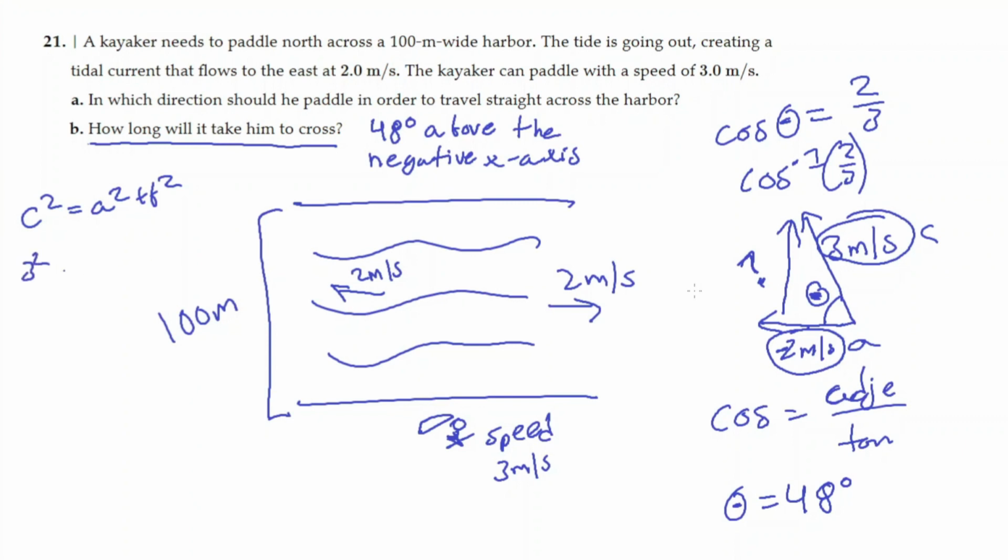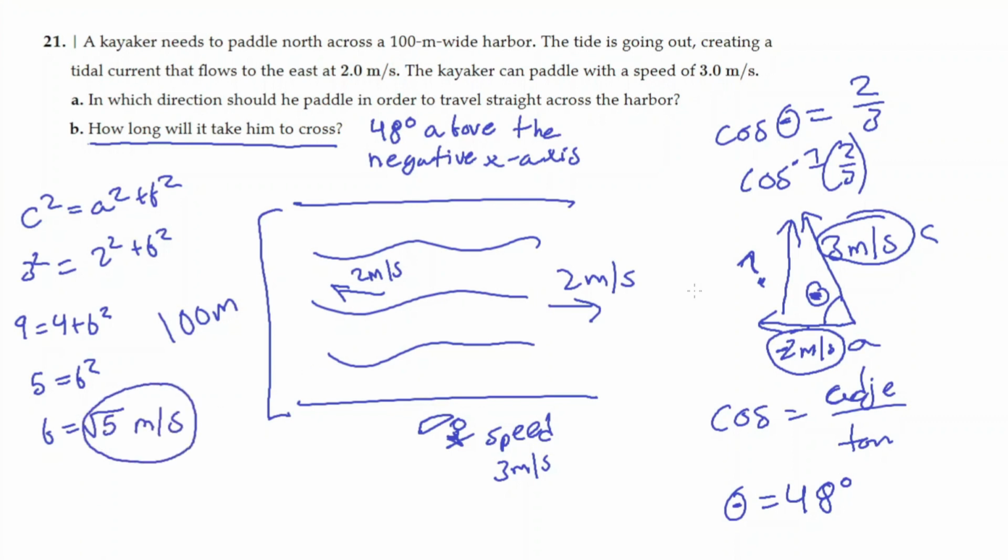So we have 3 squared is equal to 2 squared plus b squared. That's 9 is equal to 4 plus b squared, which means 5 is equal to b squared. So b is equal to the square root of 5. So square root of 5 meters per second is how fast he's moving in the y direction.